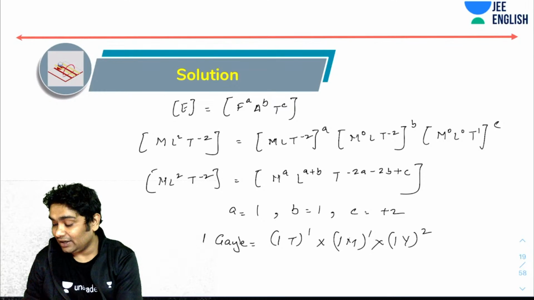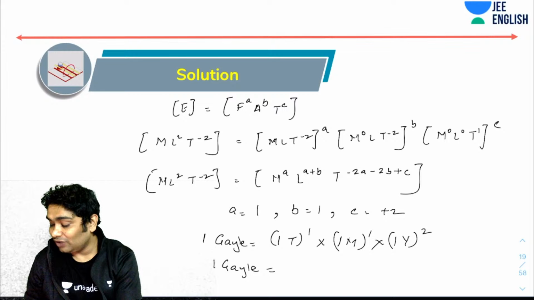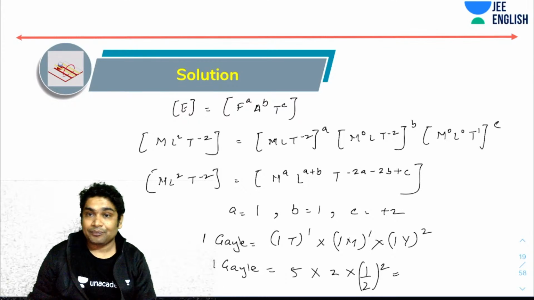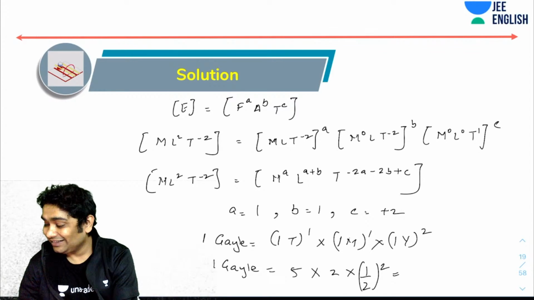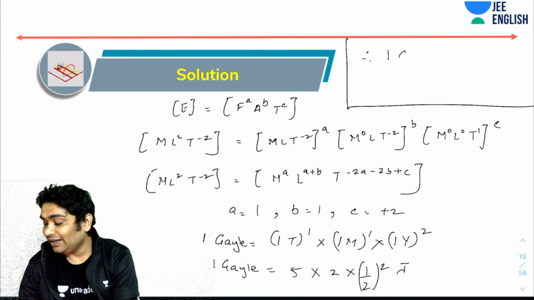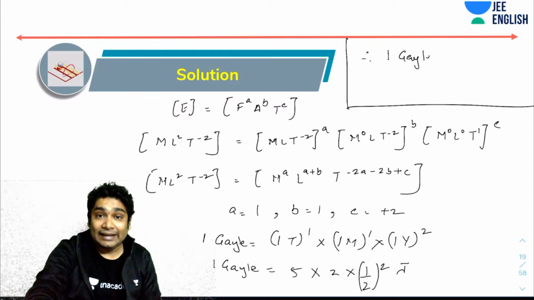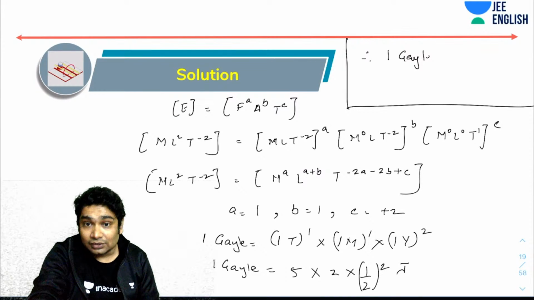Okay, so can I say one gale equals, so one Tendulkar was 5 newton, this becomes 5 into one Mahi was 2 meter per second square, so 2 into one UV was 1 by 2 whole square, and this would be in joules now, because now I am back to my SI units. Okay, so what I realize is that one gale, in fact, is 5 by 2 joules. Okay, so that makes 2 gales as 5 joules.